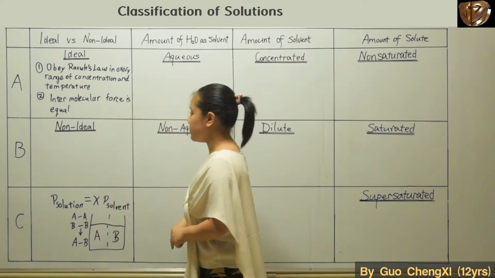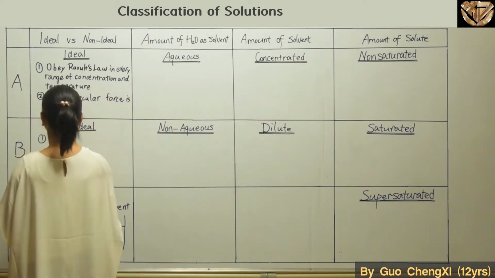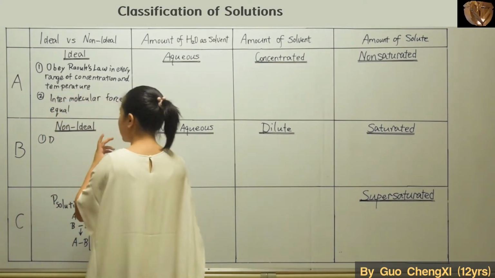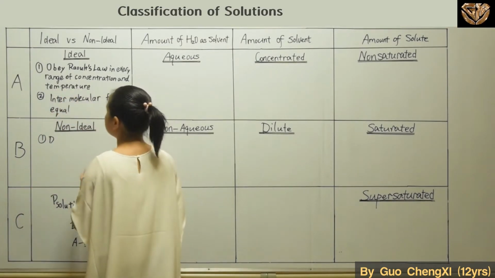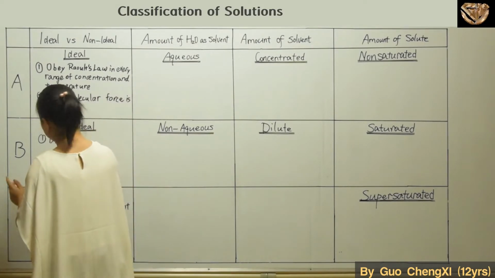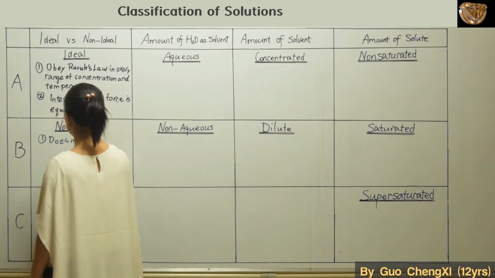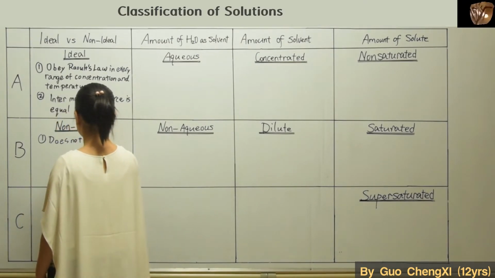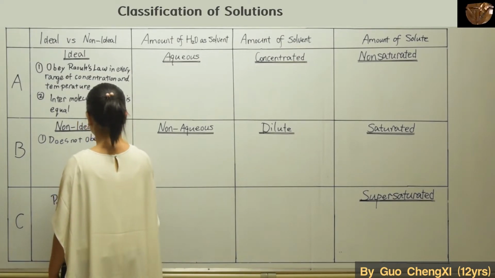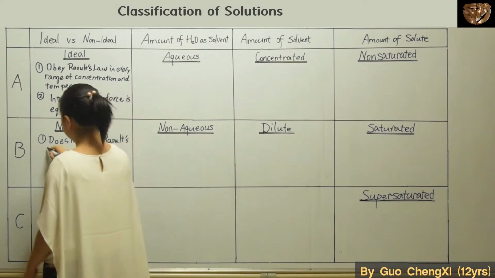Well, for non-ideal, first and foremost, it does not obey Raoult's law. Even if it obeys Raoult's law in only one region and not in every region, it will not be ideal.